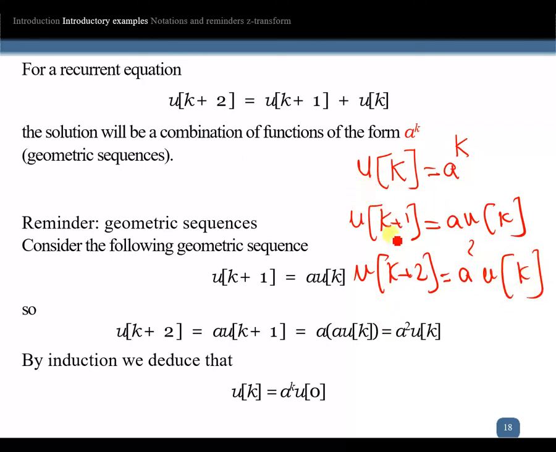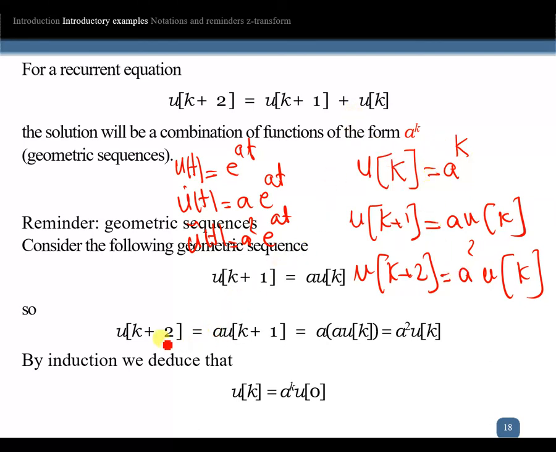Don't worry, this one I will explain in the properties of the Z transform, just the same as, if you remember, I suppose the u(t) is e^(at) and the u dot t is equal to a e^(at) and the u double dot t will become a² e^(at). And I substitute this value to this formula.